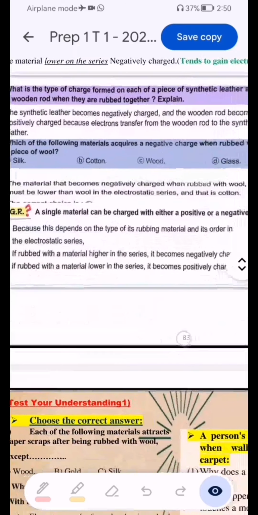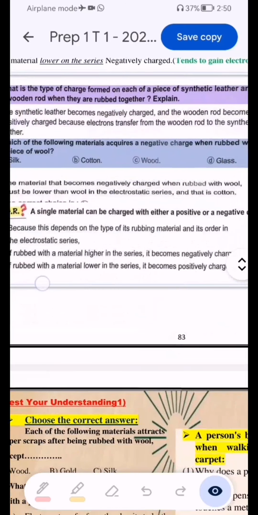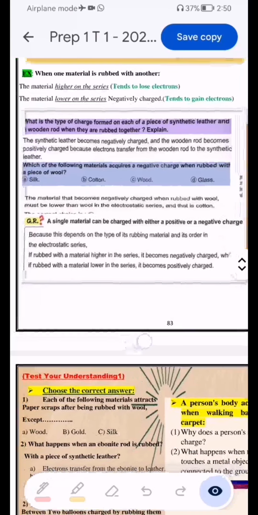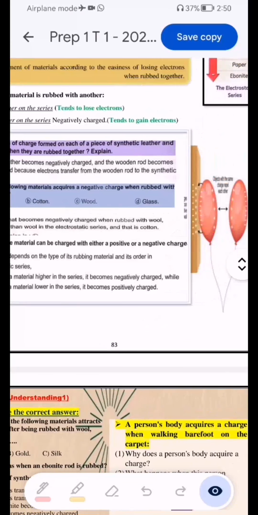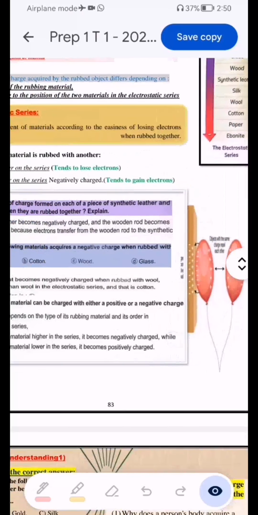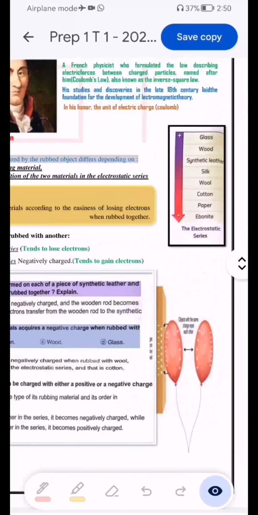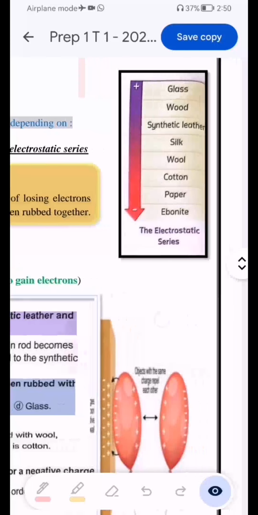Give reason. A single material can be charged with either positive or negative charge. One material may be positive or negative, according to what? That depends on the type of rubbing material. For example, silk.